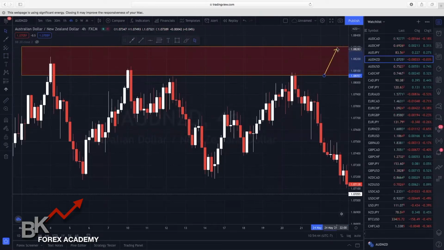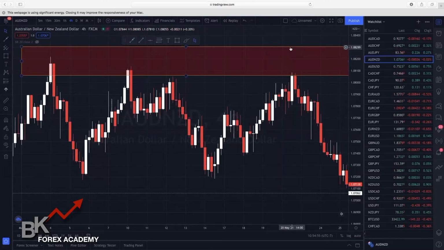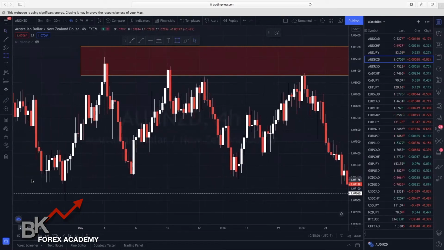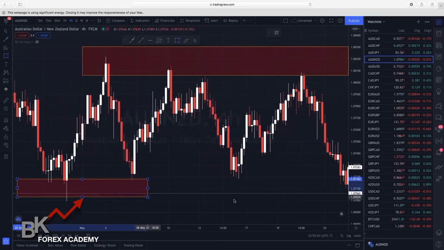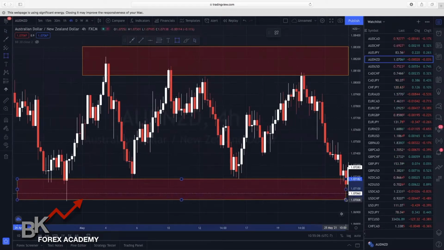If it extends here, then I'm okay. So I like to make this kind of a wide rectangle depending on my 2% risk management rule, or whatever risk management you're using. And that will be my resistance line, my resistance area. My support area would be the opposite, at the bottom. I should be able to easily identify my resistance area.